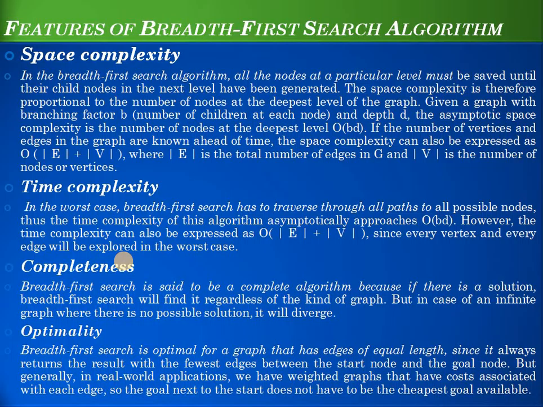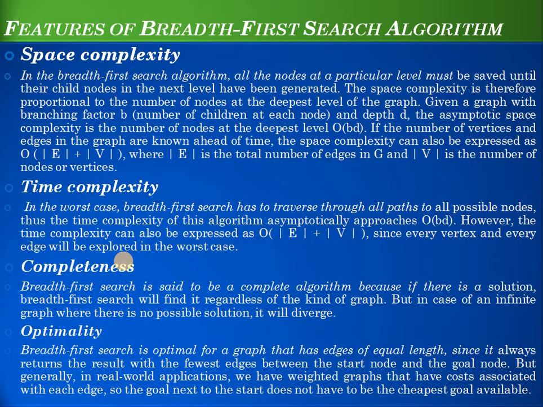Now, if the number of vertices and edges in the graph are known ahead of time, the space complexity can be expressed as big O of the number of edges plus the number of vertices, where mod of E is the total number of edges in G, and mod of V is the number of nodes in that particular graph.